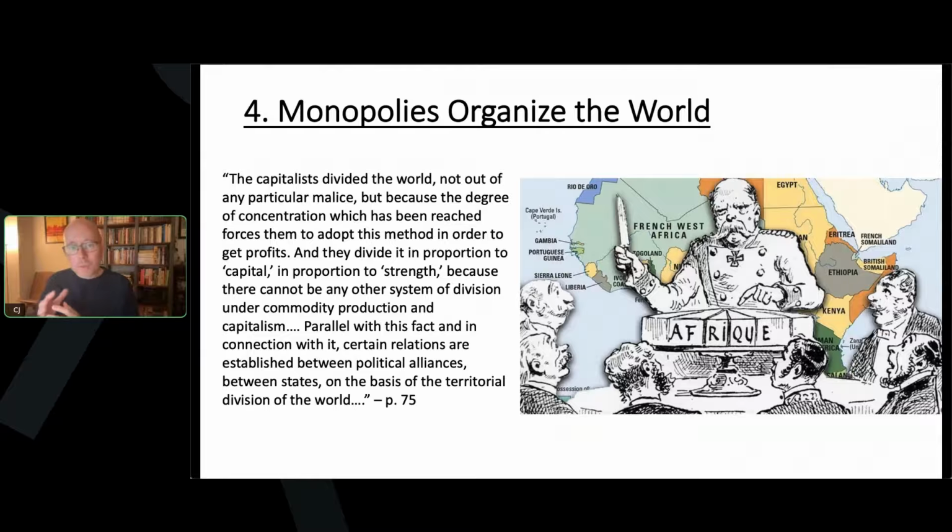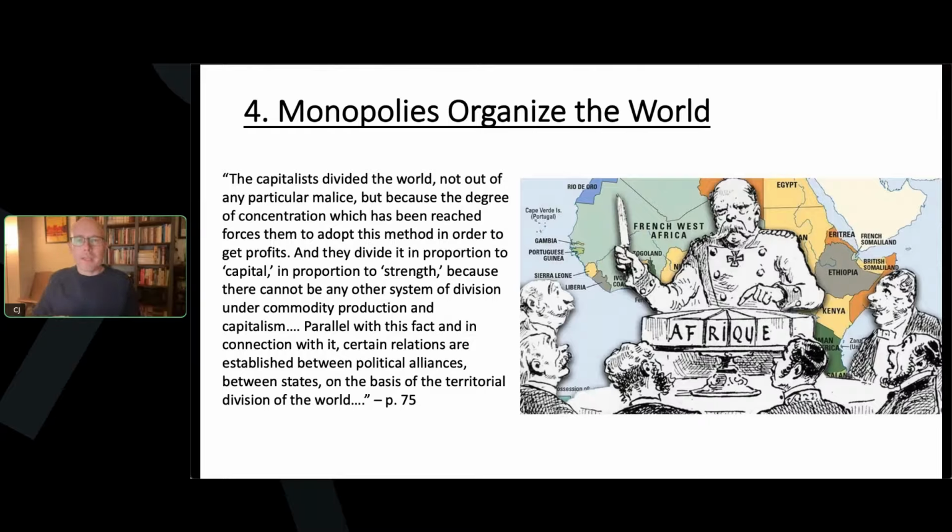Remember how I mentioned a moment ago how they divided up the unseized parts of the world? Think about the scramble for Africa, the Berlin Conference of 1884-85, when they did sit down and decide who gets what part of Africa. No one from Africa was present to have any say in that. It was purely the financial oligarchy of the world sitting down and deciding who gets which piece.